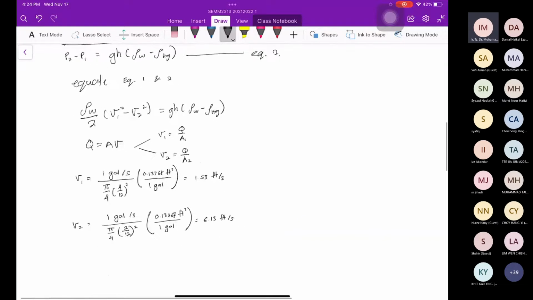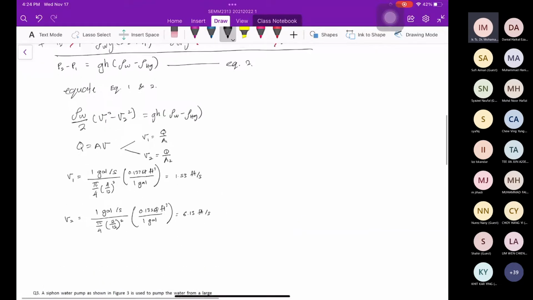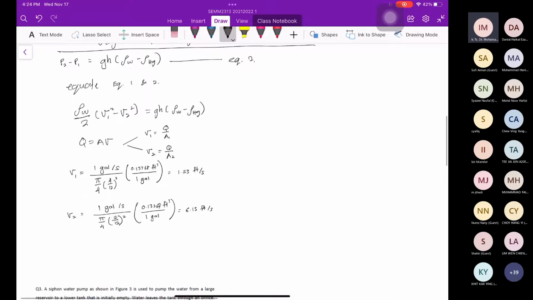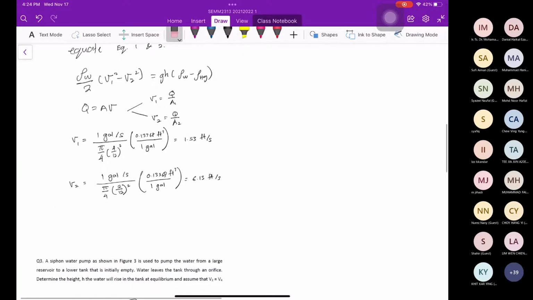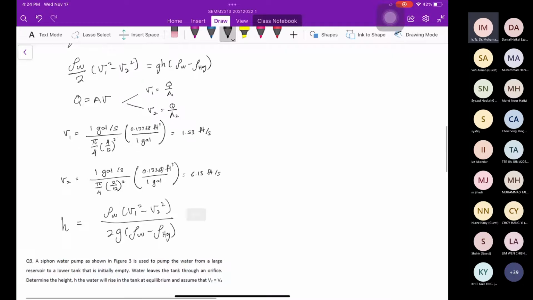So just substitute the value of V1 and V2. Okay. And then make the H become the subject. So now H equal to V1 squared minus V2 squared, divided with 2g, rho of water minus rho of mercury.